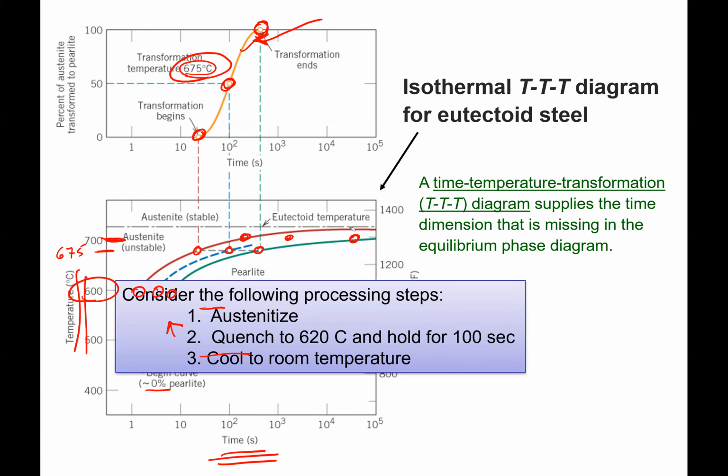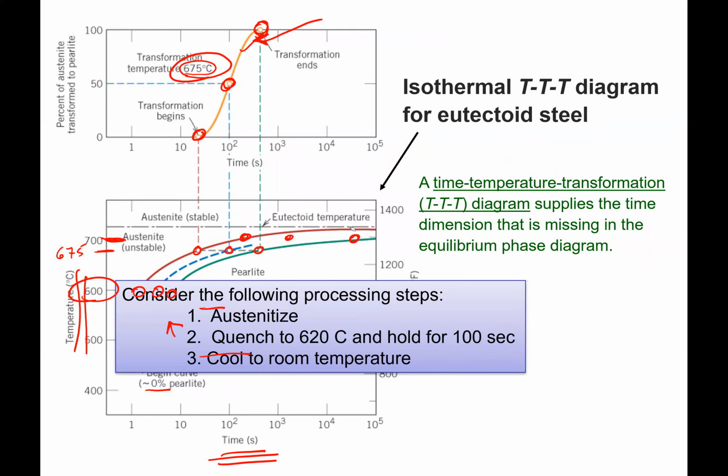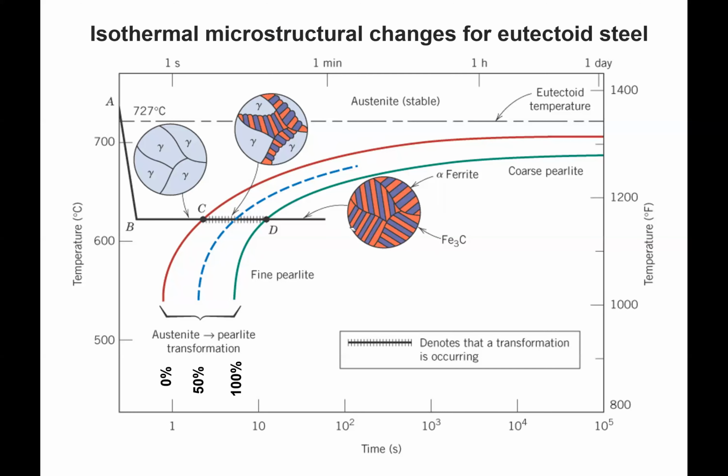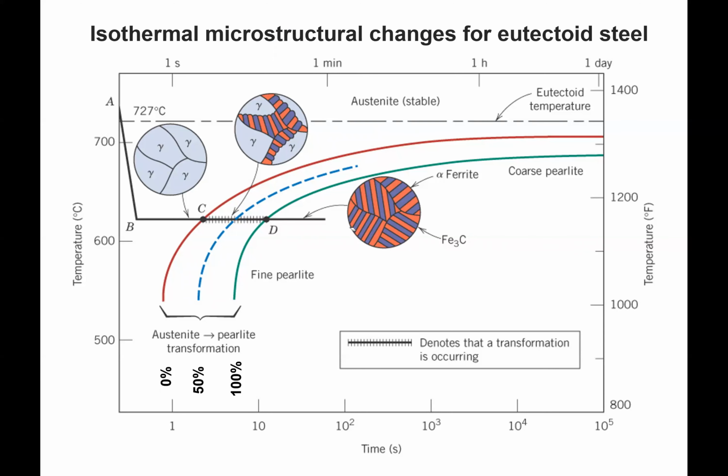Now, we're going to go ahead and consider this case where I'm going to drop my temperature to 620 C, and I'm going to hold for some time. So the steps here, let's go ahead and austenitize, is the first step. And austenitize just means that I'm going to hold my temperature above 727 degrees C, which we know from the phase diagram puts us into the austenite region.